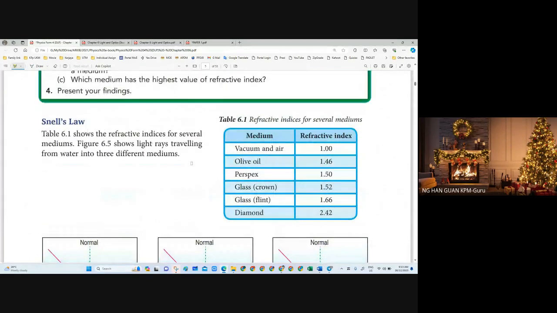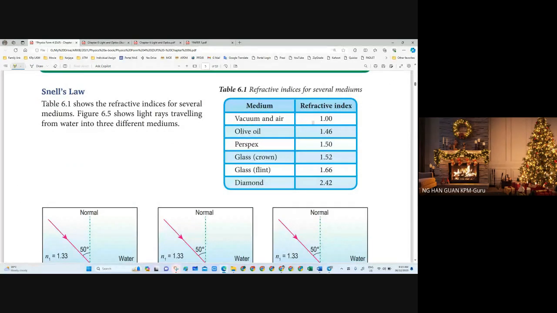All right, here are examples for the different refractive indices. In vacuum or air, the refractive index is 1. So this is the lowest optical density, vacuum and air.